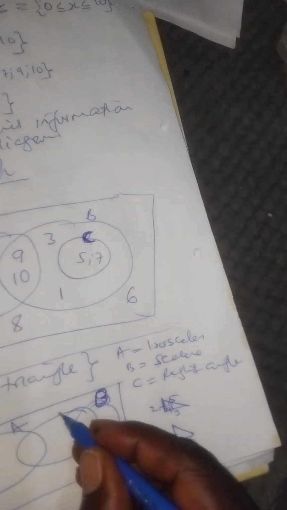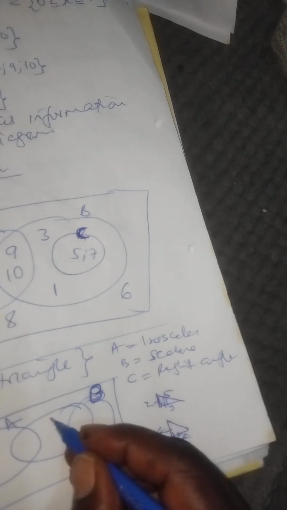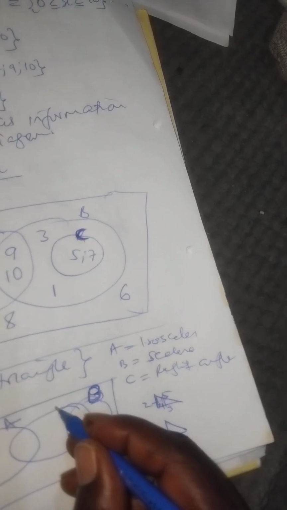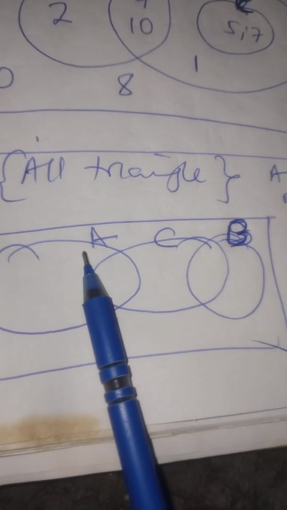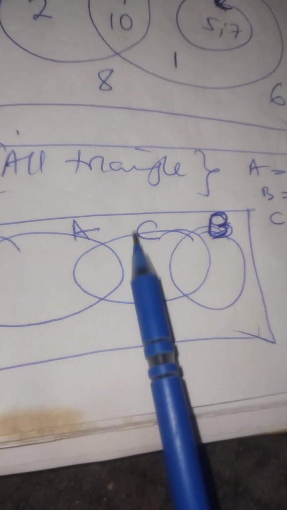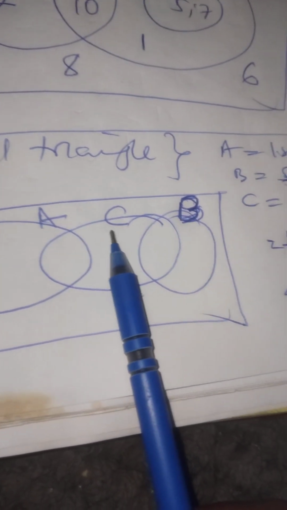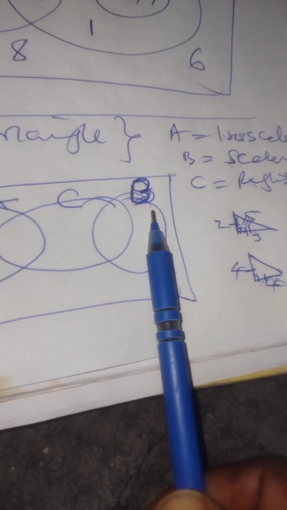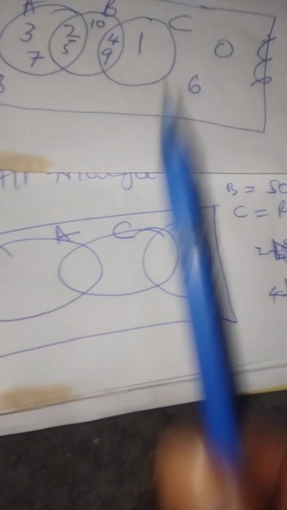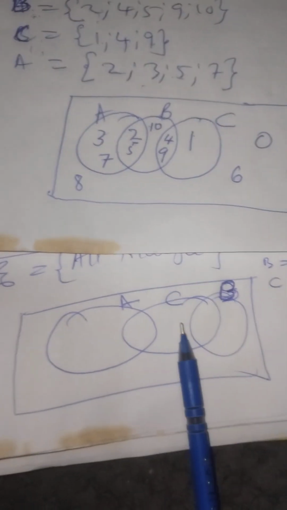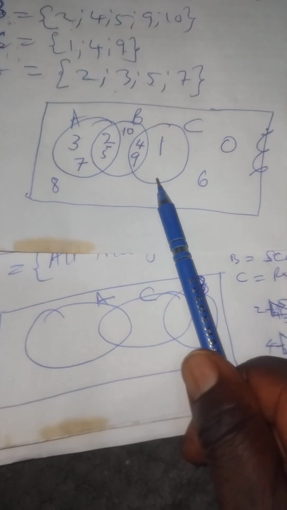This is our set C. It means some isosceles can be right angled, some right angled can be scalene. So this one is very similar to the first case. These are triangles, those were numbers, but they have the same analogy.